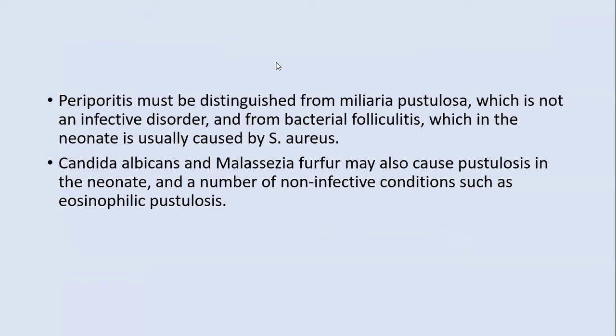It is distinguished from miliaria pustulosa, which is not infective, not involving any bacteria, although it is seen commonly in neonates. Candida albicans and Malassezia furfur may also cause pustulosis in neonates, and a number of non-infective conditions like eosinophilic pustulosis.